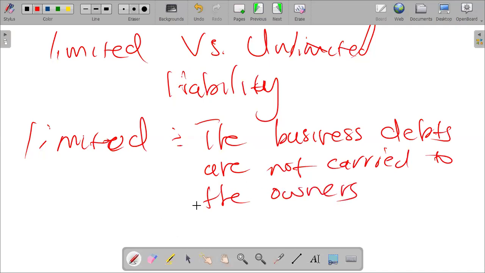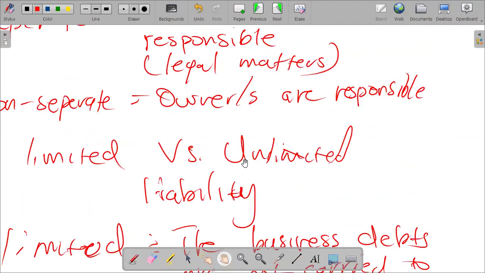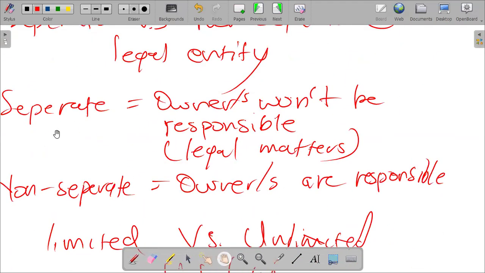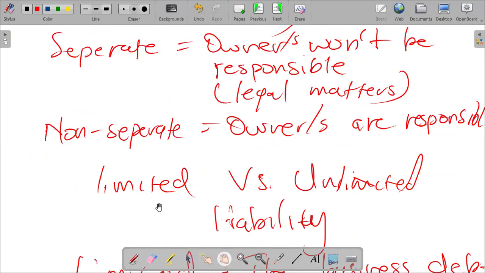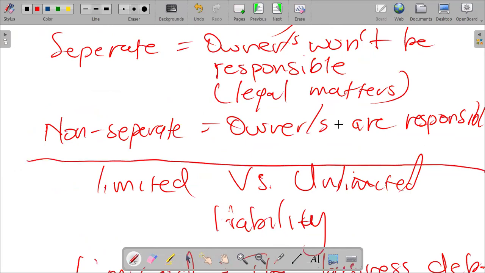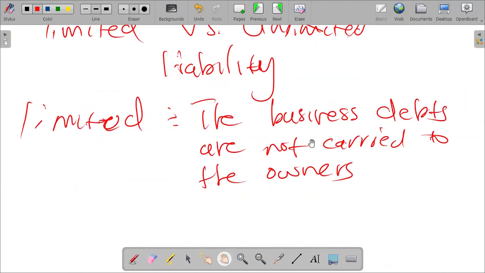So the owners are not responsible. As we go back here, separate will go with limited. So with limited, the owners are not responsible for the business's debts.